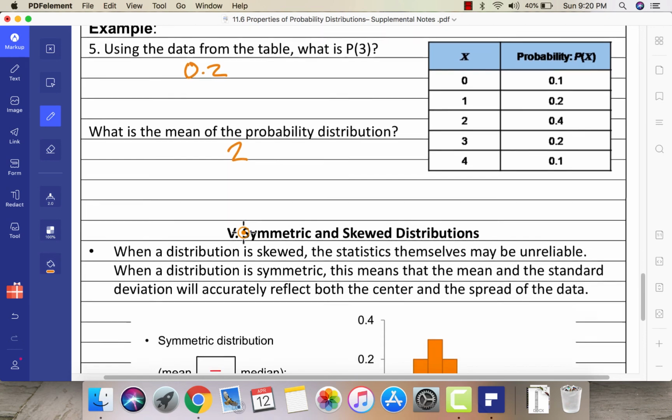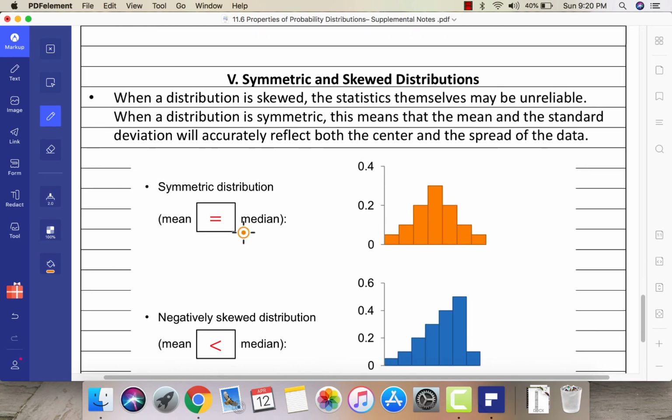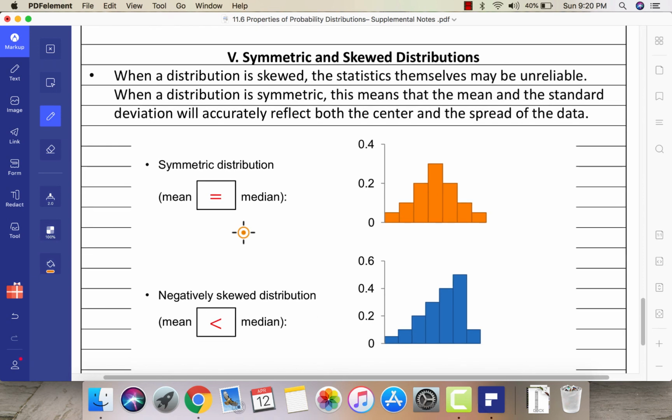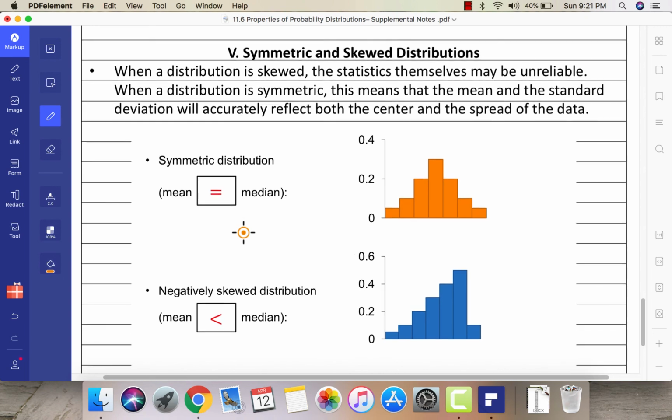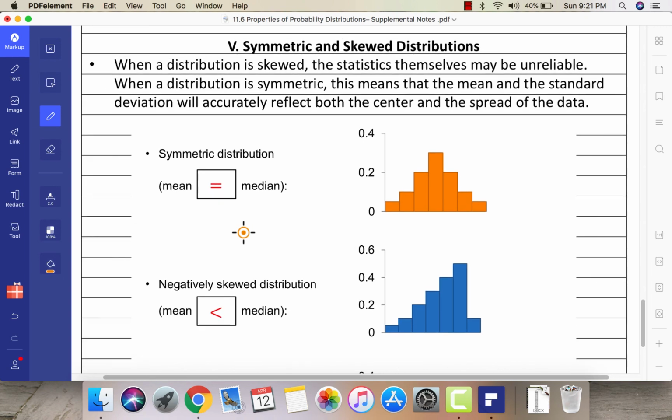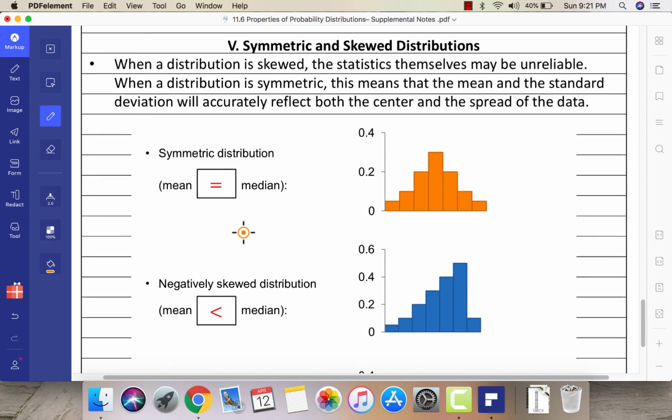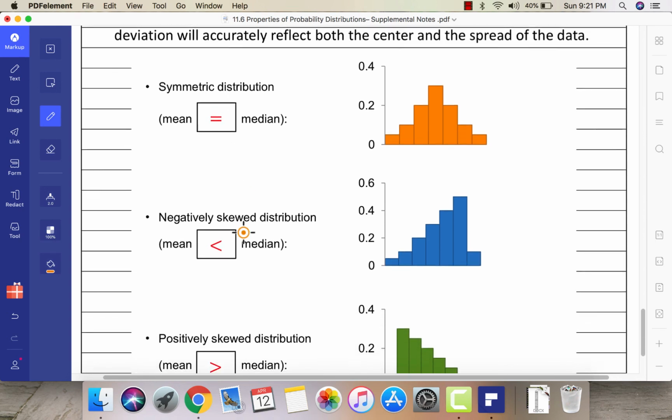All right. Symmetrical and skewed distribution. When a distribution is skewed, the statistics themselves may be unreliable. When a distribution is symmetric, this means that the mean and the standard deviation will accurately reflect both the center and the spread of the data.